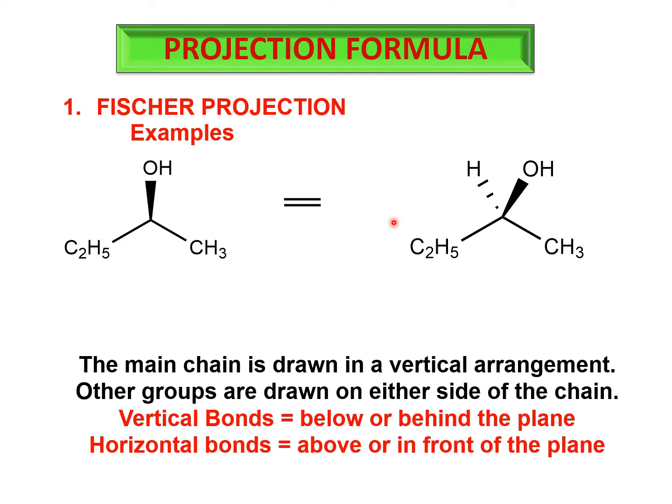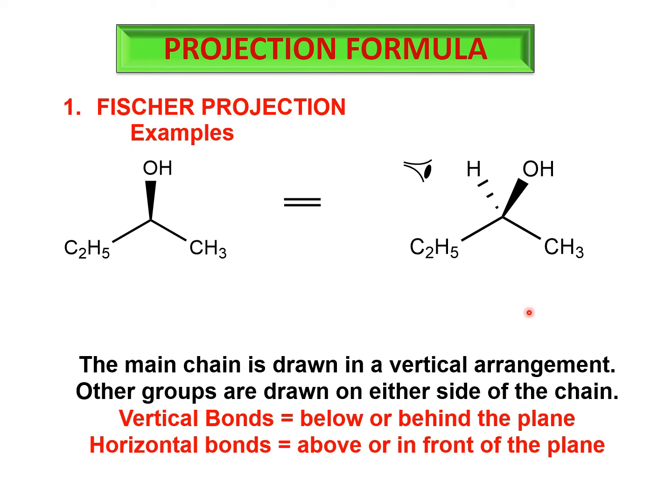To draw a Fischer projection for this molecule, you have to view the molecule from different angles. You can view it from different angles and then you draw a Fischer projection. Remember these rules, don't forget them, right? So if this is your eye, it means you are standing right here and looking at the molecule from this angle, and then you can draw a Fischer projection. You can also view the molecule from this angle.